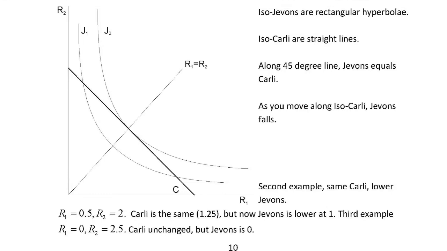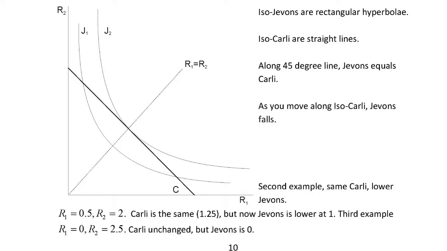So let's just look in a little bit more detail here. Here we have a diagram. On the x-axis, you've got R1, the price relative for good 1, and on the y-axis, you've got R2, the price relative for good 2. The dotted 45-degree line is where R1 is equal to R2.